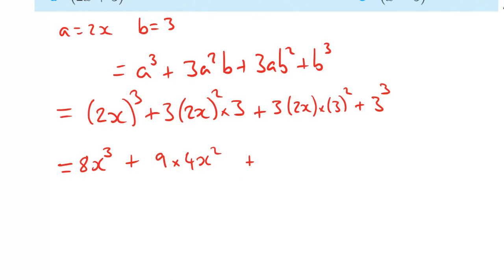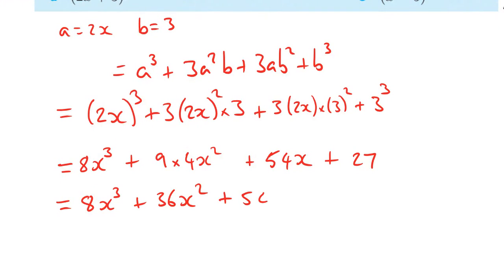Then 3 squared is 9, times 3 times 2, we're going to have 54x for this term, and then 27 as 3 cubed. And then finishing this off, we'll have 8x^3 + 36x^2 + 54x + 27.